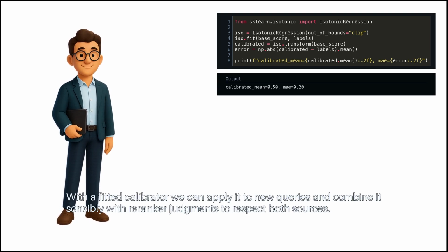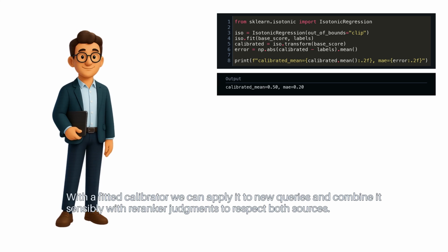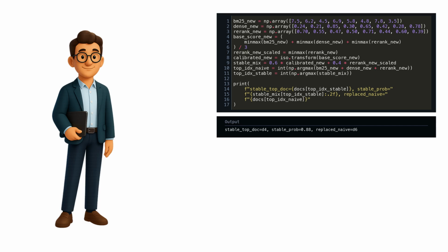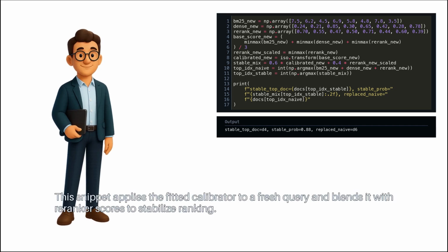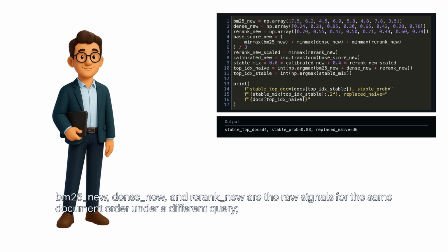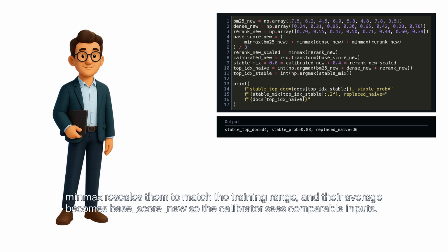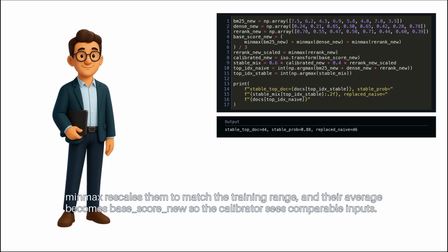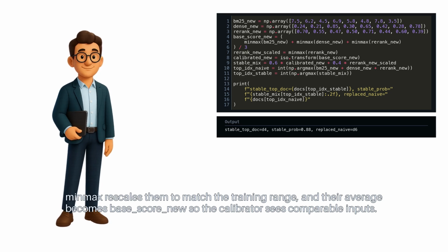With a fitted calibrator, we can apply it to new queries and combine it sensibly with reranker judgments to respect both sources. This snippet applies the fitted calibrator to a fresh query and blends it with reranker scores to stabilize ranking. BM25 new, dense new, and rerank new are the raw signals for the same document order under a different query. Min-max rescales them to match the training range, and their average becomes base score new, so the calibrator sees comparable inputs.